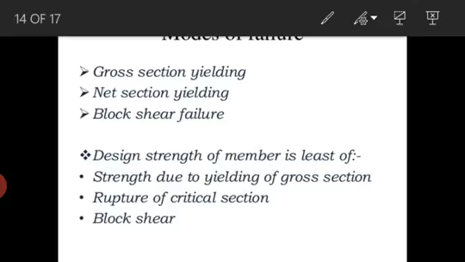Then the design strength of a tensile member is the least of the strength due to yielding of cross section, rupture of critical section, and block shear.